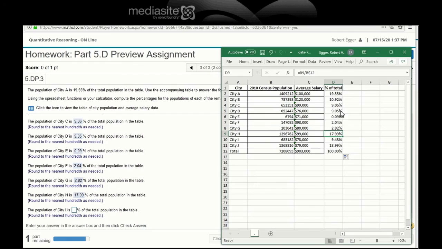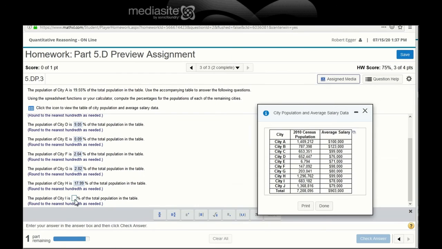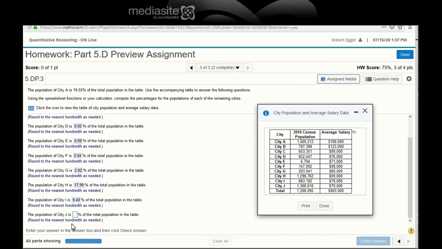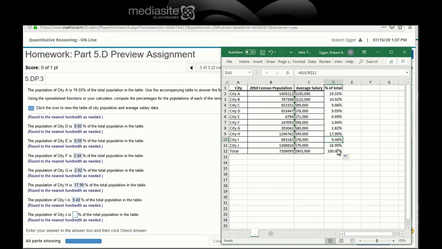And City I, 9.48. And last but not least is City J, 18.99.